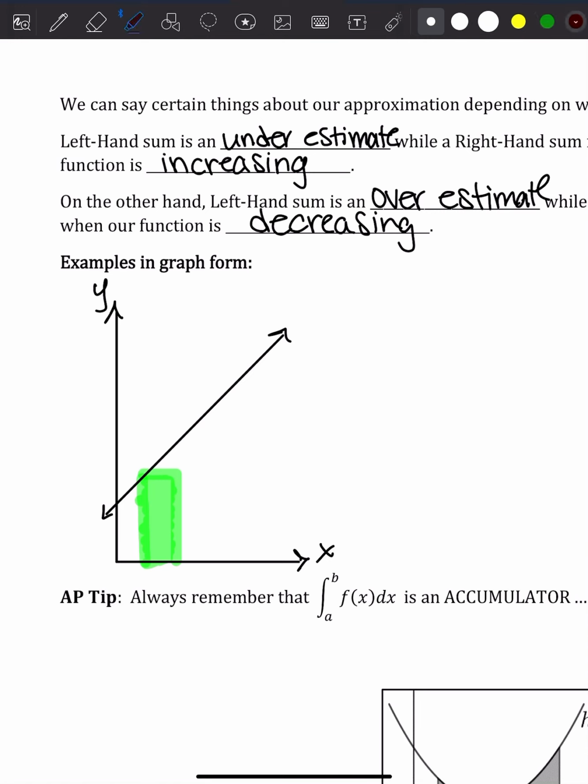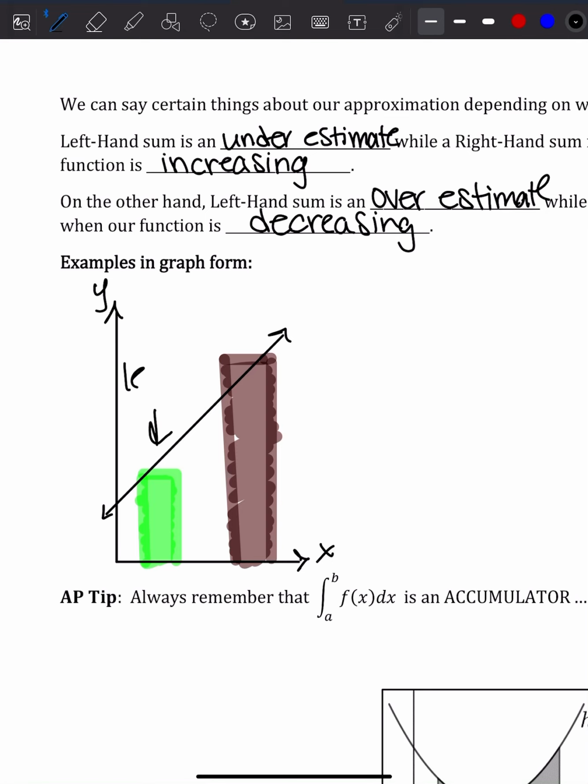On the other hand, if this is the rightmost portion of my function, then I know that if I were to draw my rectangle, it's going to be a little bit over. So we have an overestimation. So this is our left, this is our right.